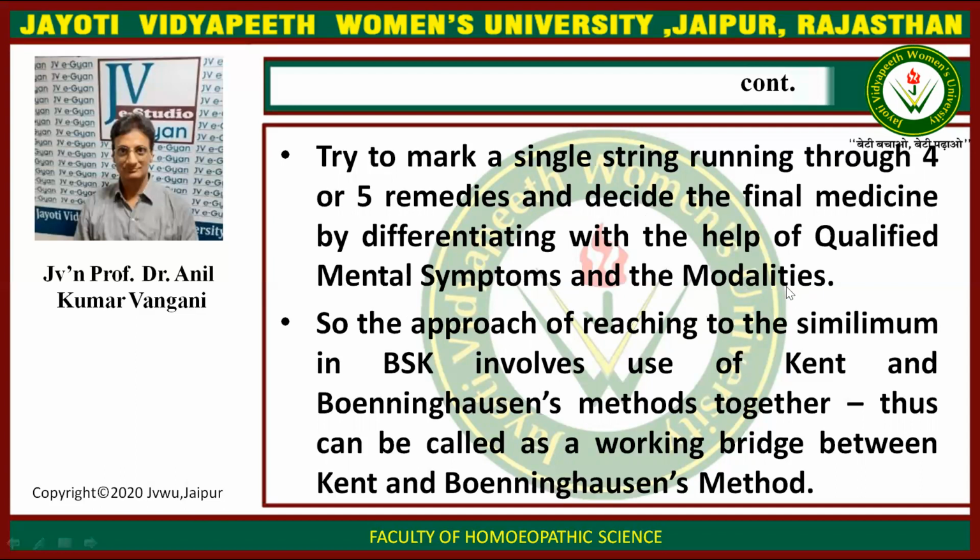This is known as eliminating repertorization, continuous elimination. First you are taking modalities, then you are taking mentals in this case. So the approach of reaching the similimum in Boger Synoptic Key involves use of Kent's and Boenninghausen's methods together. Thus it can be called a working bridge between Kent's and Boenninghausen's methods.